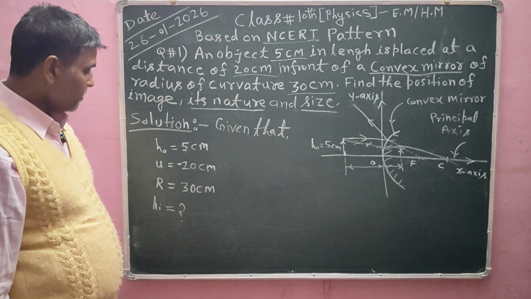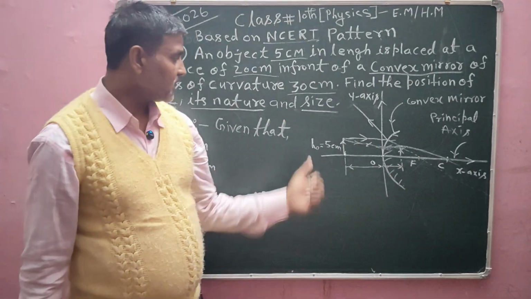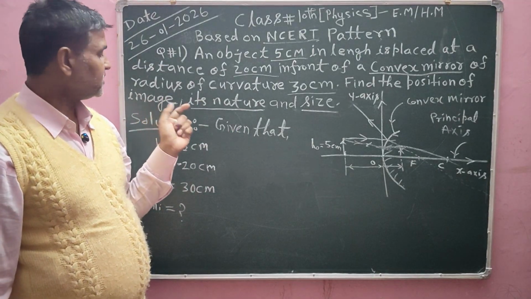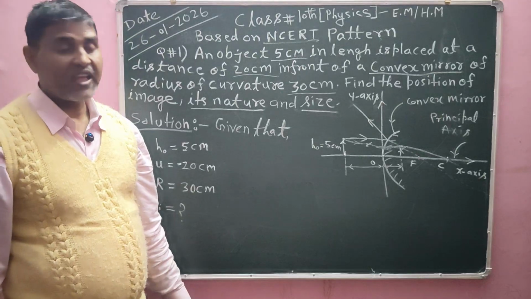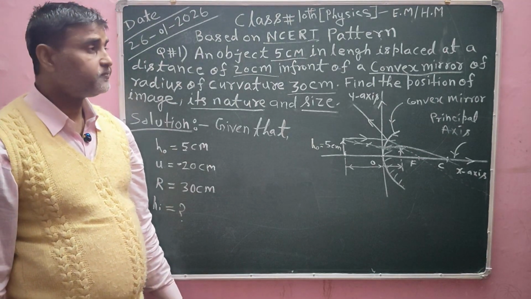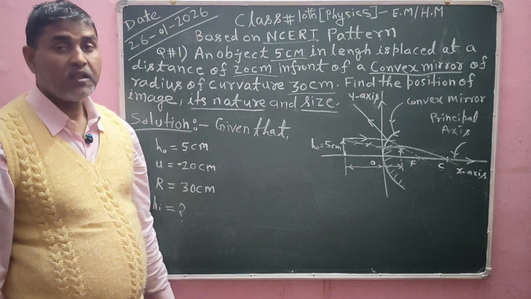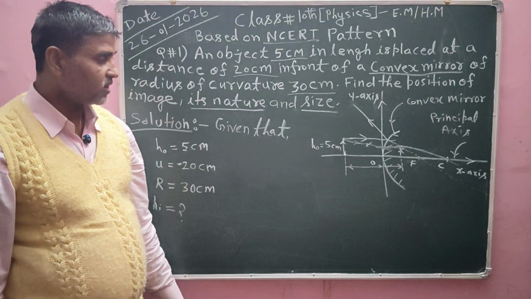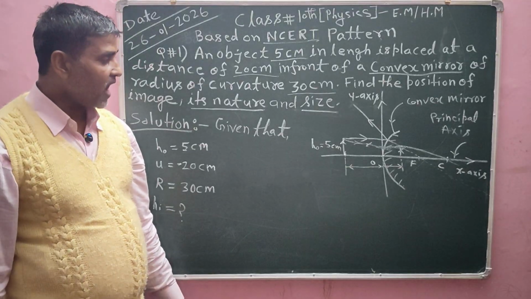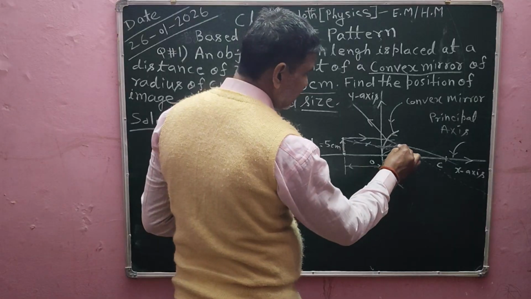Okay, now we have to calculate the size. Size means size of the image, and also position of the image, and nature of the image I have to get in detail. Okay student, now I am going to use the mirror formula to calculate the position of the image. After calculating the position of the image, we will find the height of the image, because this is the height of the object and this is the height of the image.